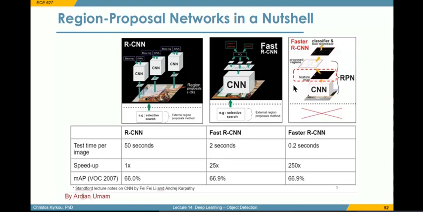But still, even at this point, the main drawback is the test time. The region proposals do take some time, so it's a relatively slow detection pipeline, depending, of course, on the number of proposals, which we can limit, but it will have a negative effect on the detection accuracy.